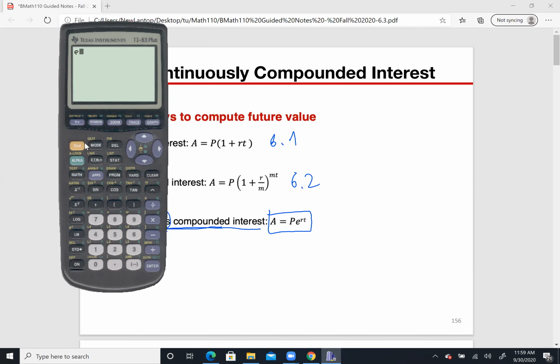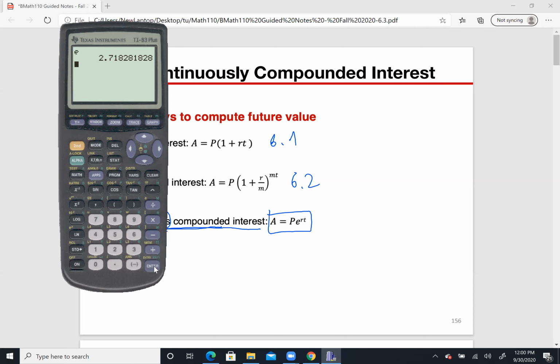Because this button has a yellow label, it helps you access the yellow function over here. So in here I have e, and what is that number? If you enter it, it'll show you e equals 2.718 something.